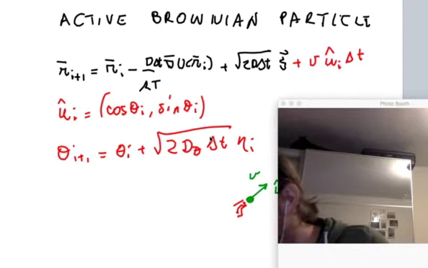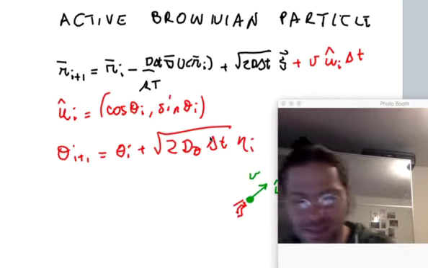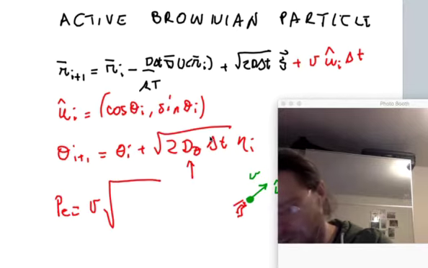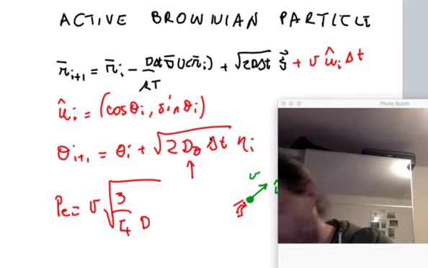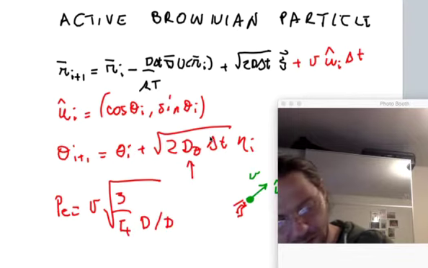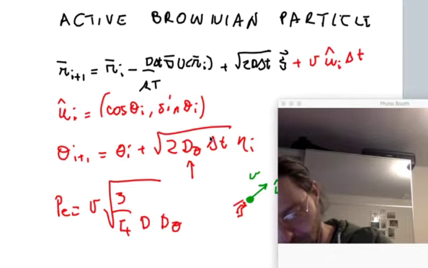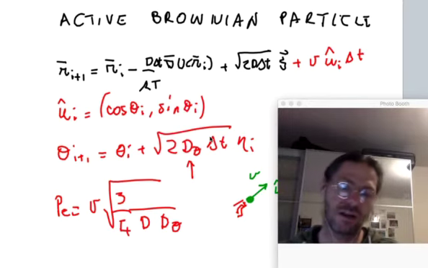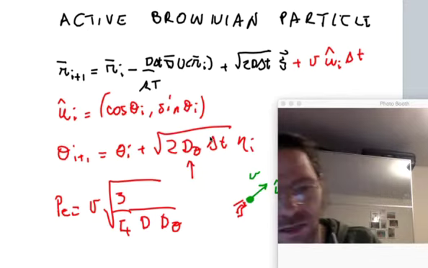And it turns out that people can measure the amount of activity in this system as a function of what is called the Péclet number, which is given by v over d tilde, d theta. So this is a dimensionless parameter. When this parameter is 0, there is no activity. When this parameter is large, the particle is driven by the activity.